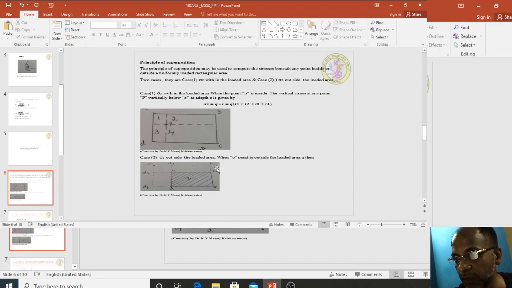O B1 C D1 is equal to O B1 B D2 plus O A1 D D1. Two times we have added this area, therefore minus O A1 A D2.